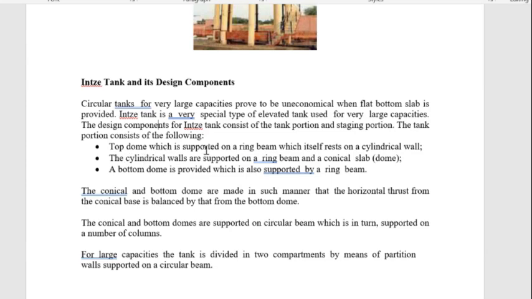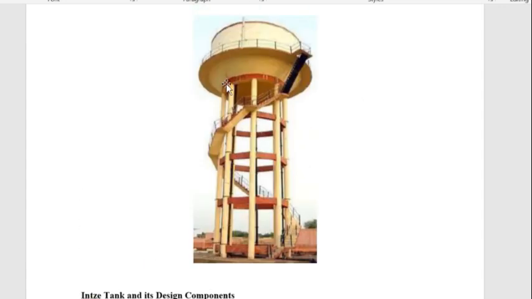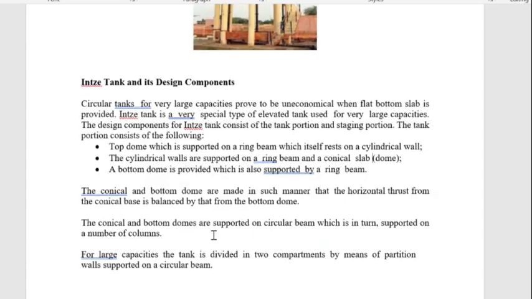The design components for the Intze tank consist of 2 portions, mainly the tank portion and the staging portion or the supporting system. The tank portion, that is the reservoir itself, consists of the following important elements. There's a top dome which is supported on a ring beam, which itself rests on a cylindrical wall. The cylindrical wall is supported on a ring beam and a conical slab or dome.